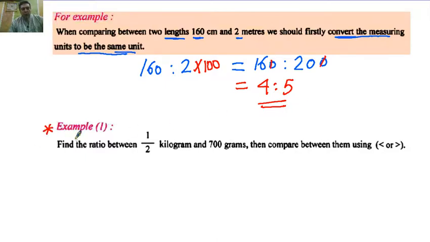Second, find the ratio between half kilogram and 700 gram. Half kilogram, we must convert kilogram into gram. Multiply by 1000, so the result equals 500 gram.